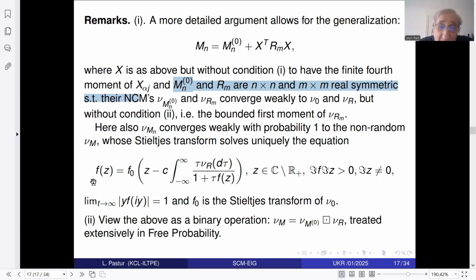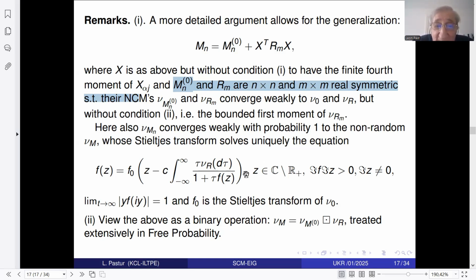You have to look for the solution of this equation in the class of functions of a complex variable satisfying these two conditions. In that class the solution is unique, and precisely this solution is the Stieltjes transform of our limiting measure, nu m.